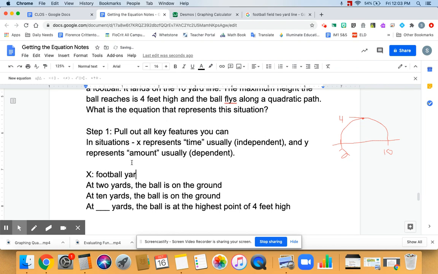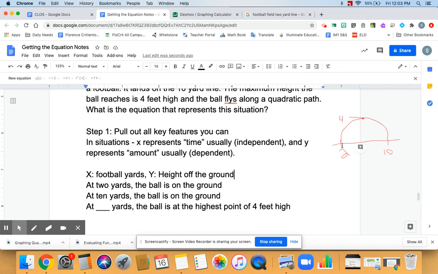It's not quite time, it's more like the distance of where she's at. And then the y, the amount, is the height off the ground. So depending on where the ball is, that will change the height.